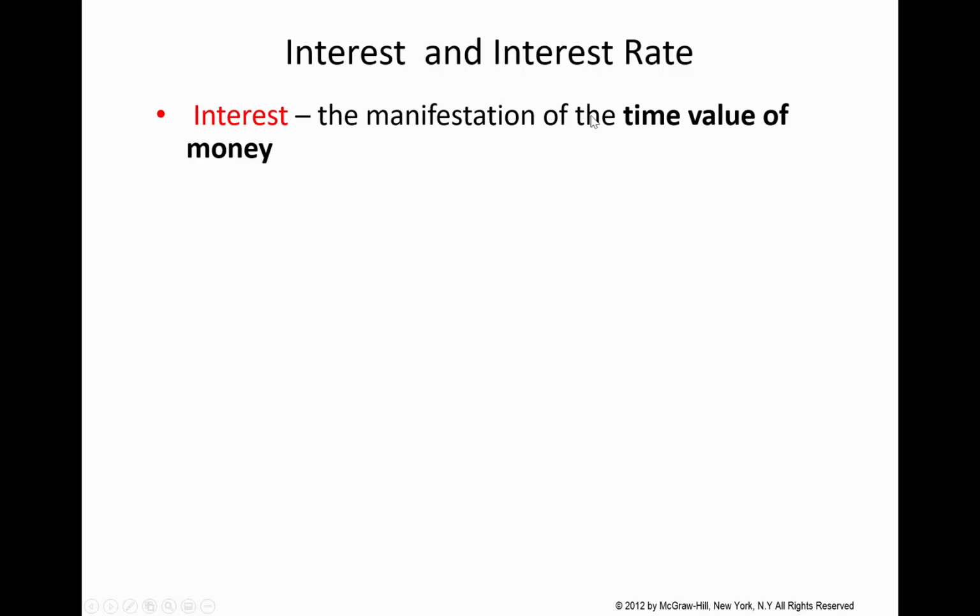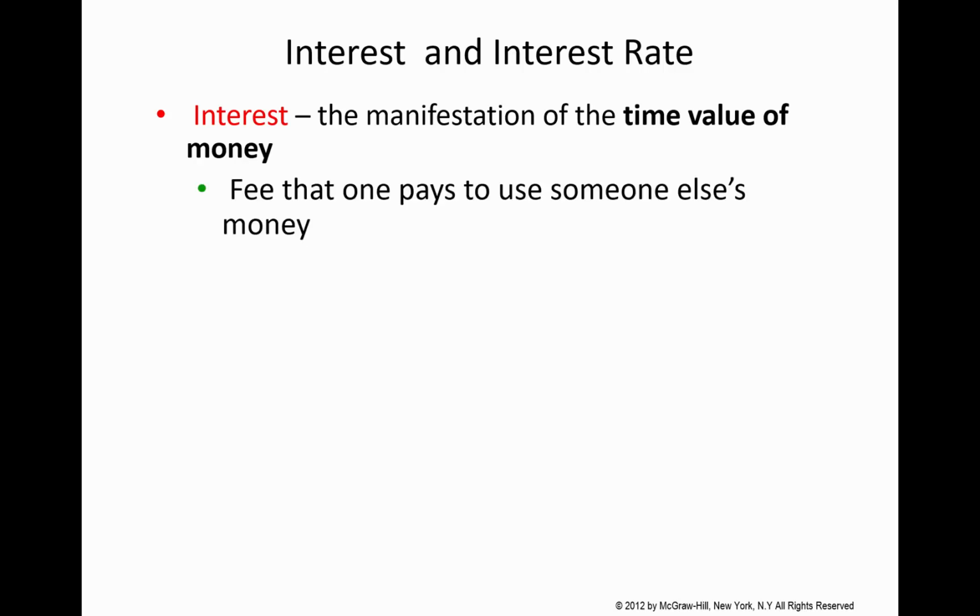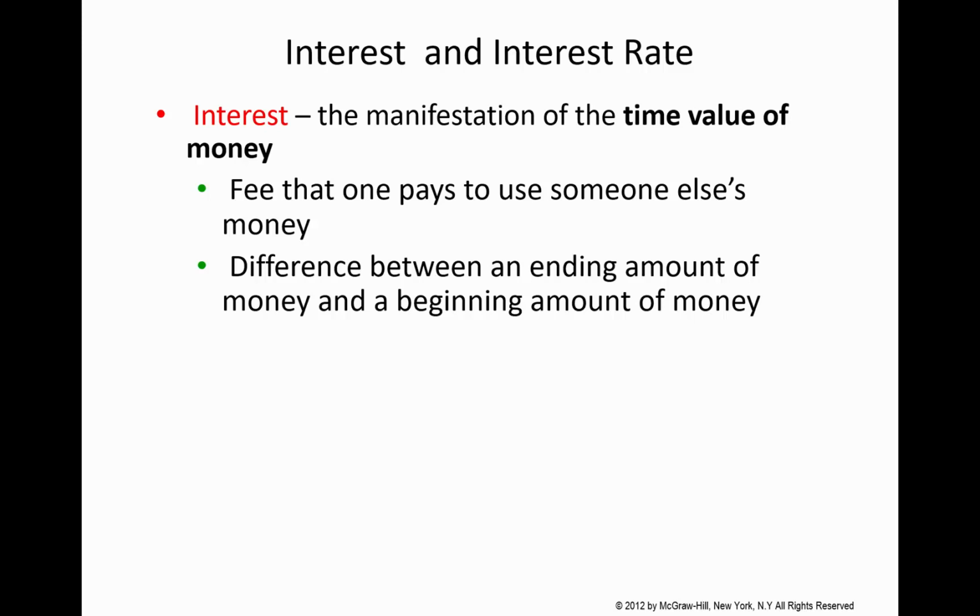Interest is a manifestation of the time value of money. And time value of money is what I was talking about earlier when I said that money in the future is less valuable than money today because inflation is always eroding the value of a dollar. So interest is a fee that you pay to use someone else's money, and the other way to think about it is the difference between how much you borrowed and how much you repay at the end of a loan.